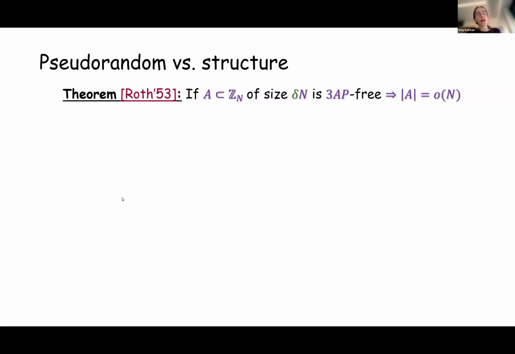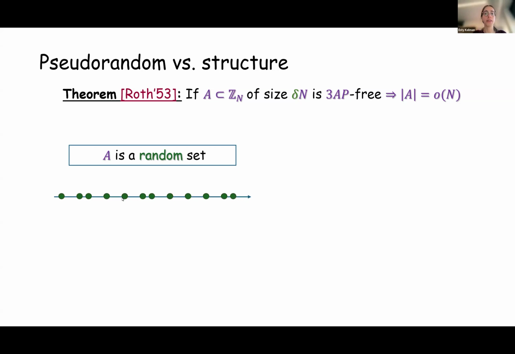And denote the density of A by delta. We can start with the following observation. If A were random, with every element appearing in A with probability delta, then we would expect to find some 3AP here. And if we started with large A, then we are done. And actually, we expect to see many 3APs.